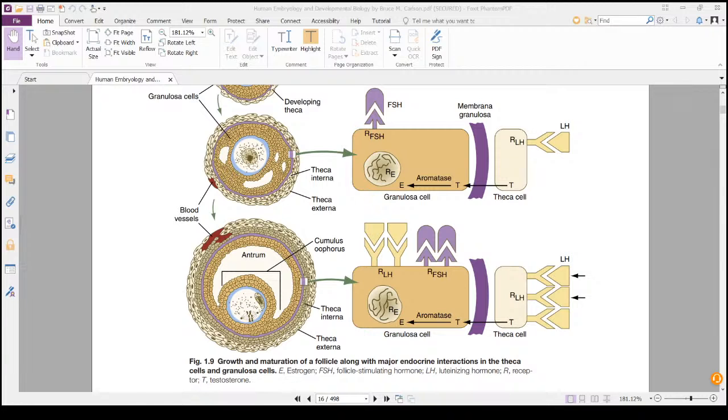also known as the Graafian follicle. So the resumption of meiosis, how will it happen? It is stimulated through the granulosa cells, because the oocyte doesn't possess any LH receptor. So when LH binds to the cumulus cells, they will shut down their gap junction.